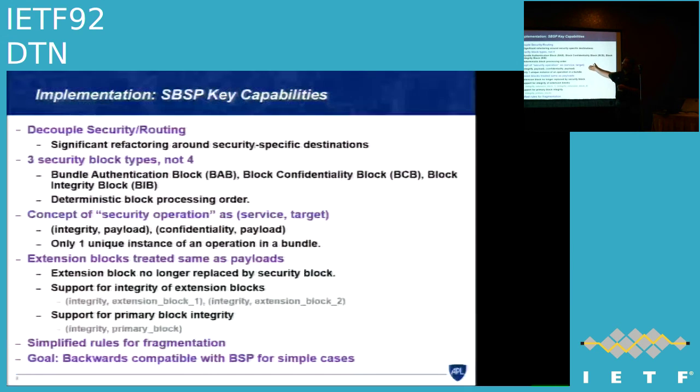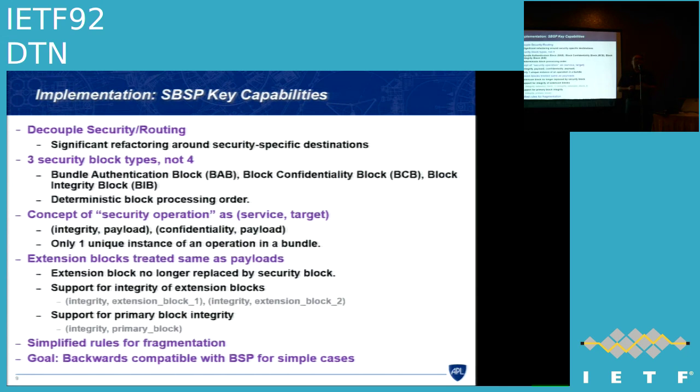And just as a way of talking about this in spec, we introduced some terminology called the security operation, which is a service followed by a target. A target is an extension block in a bundle that is uniquely named. And we'll talk about that in a moment. And a service are the 3 core services of authentication, integrity, and confidentiality.